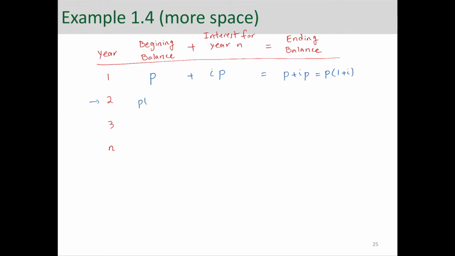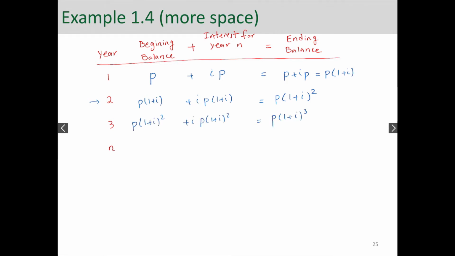And now the interest on that is I times P times 1 plus I. So the ending balance would be P times 1 plus I to the 2. I'm going to finish this table right here for you. So now you see the pattern and what's happening.